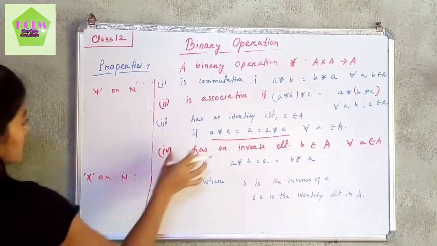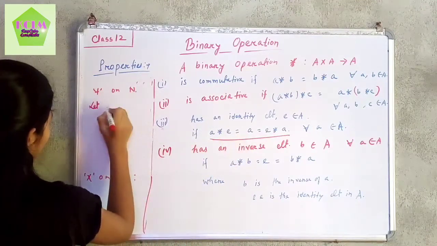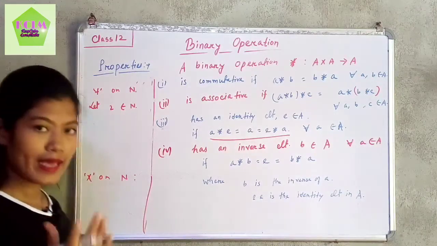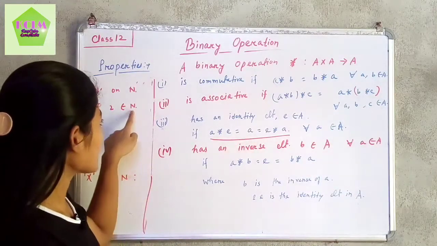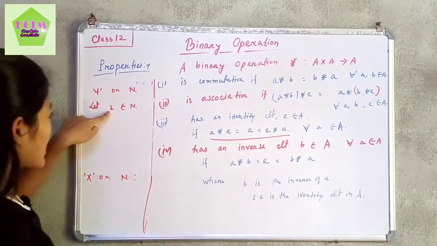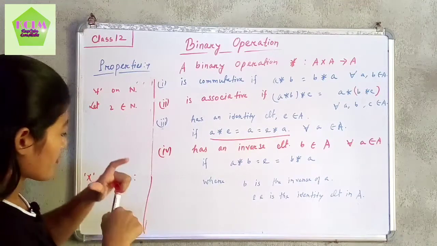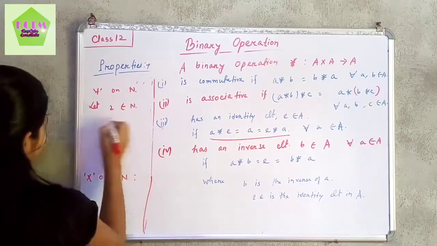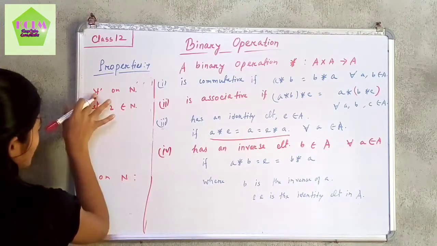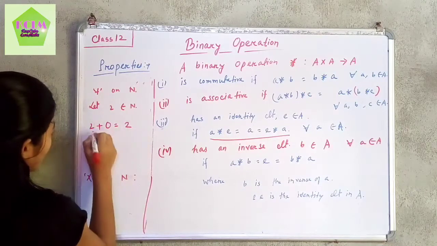To show this statement, let us take an element 2 which belongs to N. Now, is there any element in the set of natural numbers which operates with 2 and again gets the 2 itself? So, yes, we have the operation addition. So, 2 plus 0 will be nothing but the element itself.